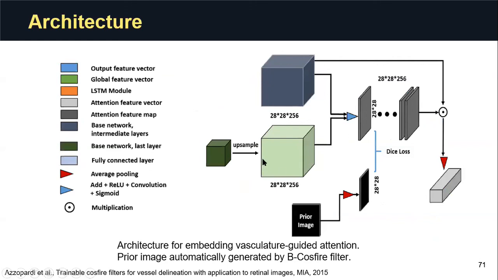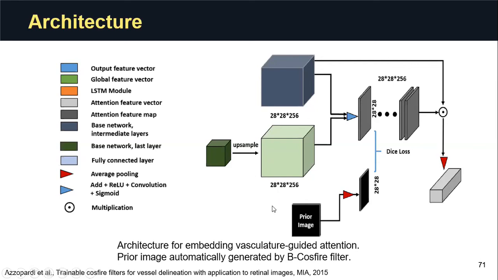And for the attention feature generation, it's like this. We extract the global feature from the last layer, and we upsample it, and then we combine this upsampled feature with the intermediate feature we extracted from the middle layers, and then by combining the attention feature map with a prior image, we get the output attention feature.